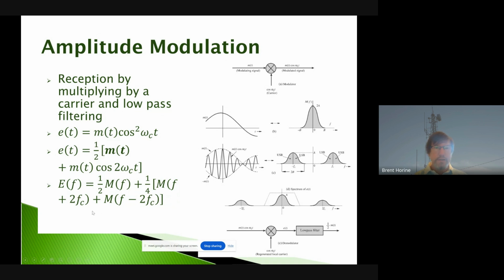And we can look at the Fourier transform of that. We see that the Fourier transform of this e of t signal here is the spectrum around M, the message itself, and then this plus or minus 2 times the carrier frequency, right? So we see that here in this part of the diagram.